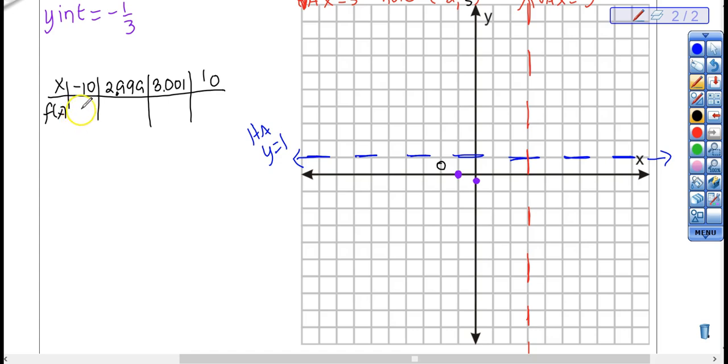So somebody give me, what is the f of x for negative 10? 9/13? Did you say that? 9/13? Is that less than 1 or greater than 1? Less than 1, so it's down here somewhere, right? All right. Then 2.9999, I'm thinking it's pretty negative.